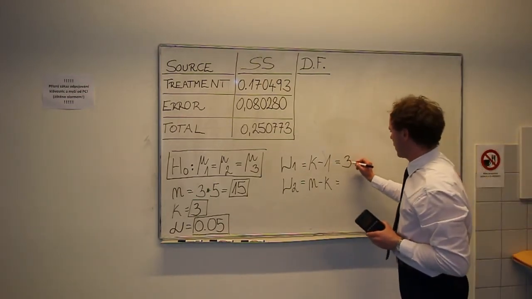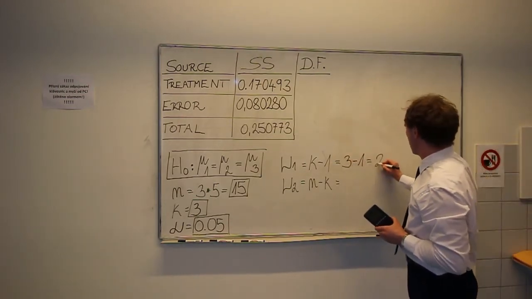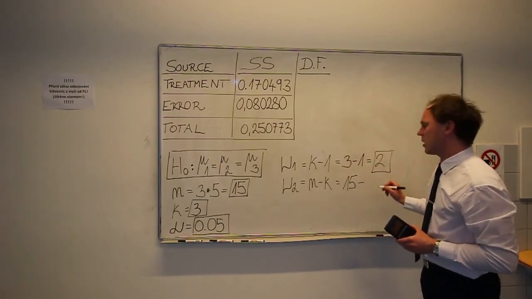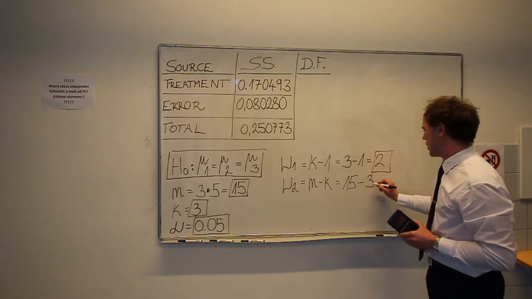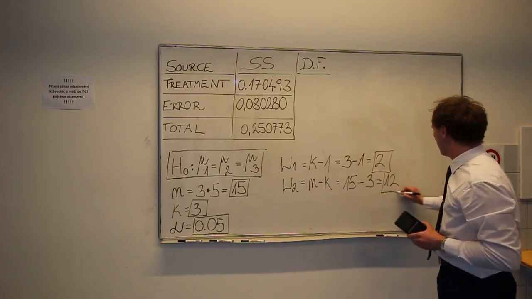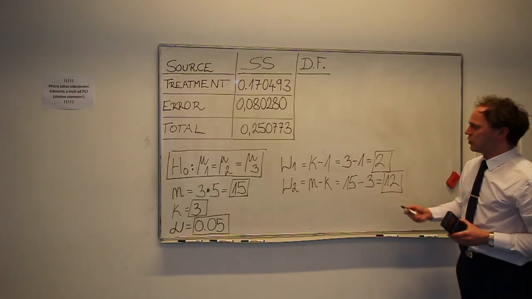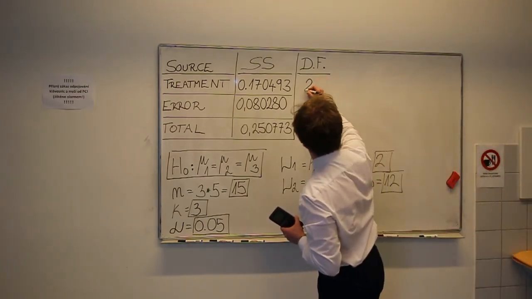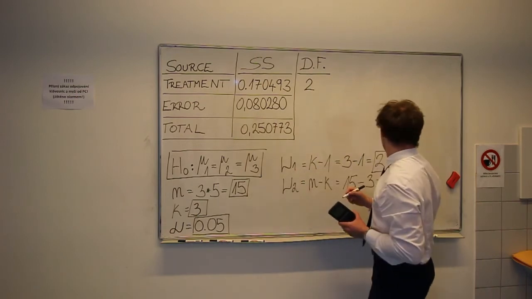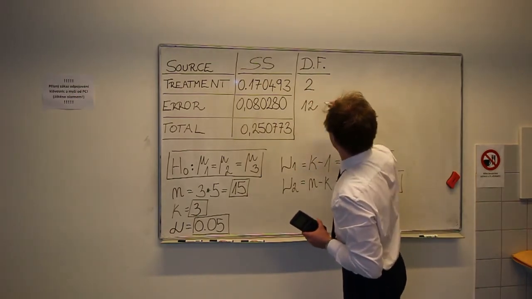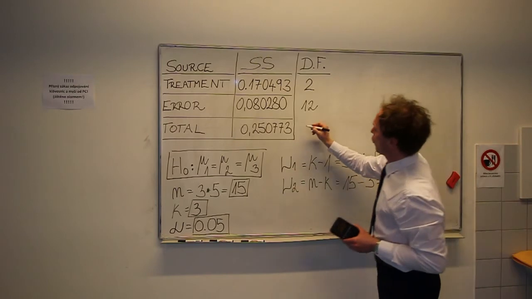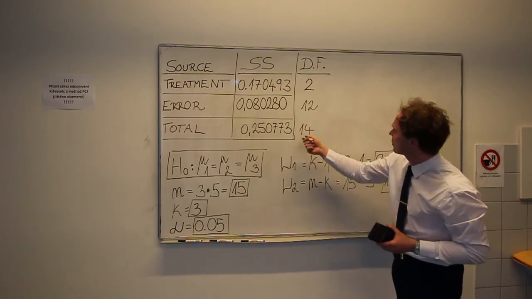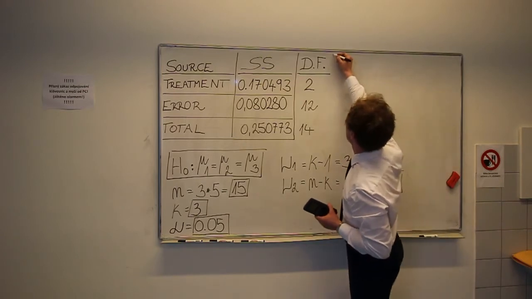So there will be 3 minus 1 equal to 2, and 15 minus 3 equal to 12. So there will be value 2 and value 12. We can write here value 14, but it's useless. We don't need this value for anything.